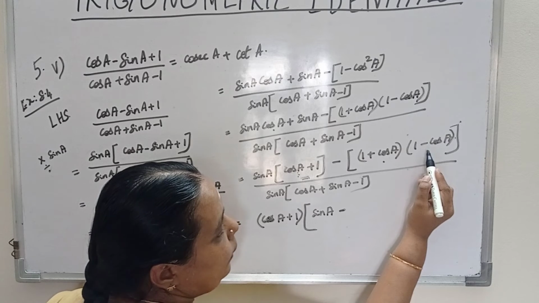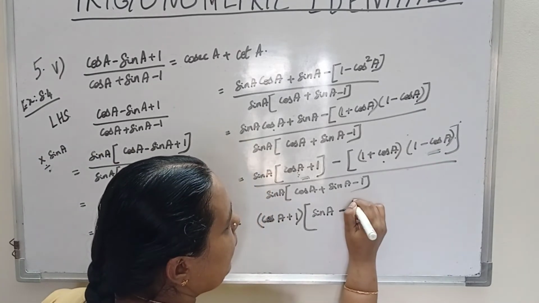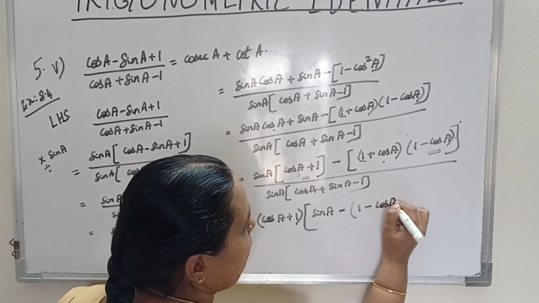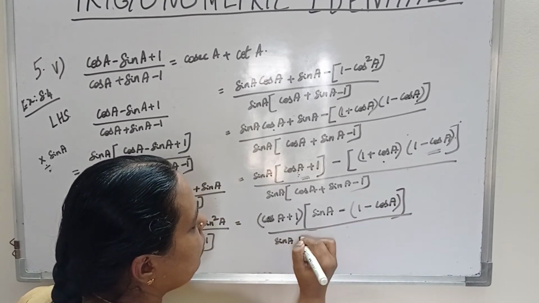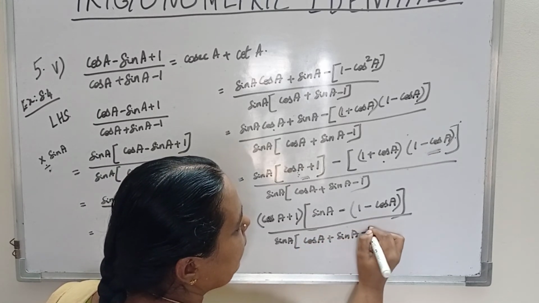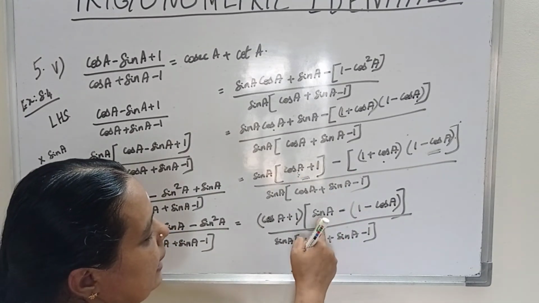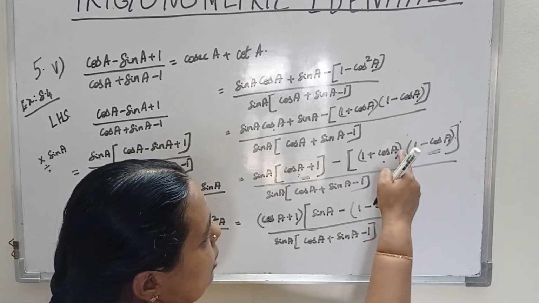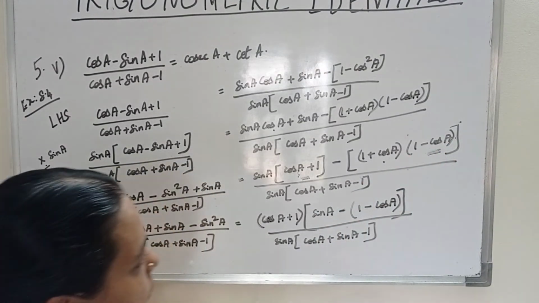So here we are left with 1 minus cos A. So minus of (1 minus cos A) by sin A into cos A plus sin A minus 1, because 1 plus cos A is taken outside. So here we have sin A and minus 1 instead of 1 plus cos A into 1 minus cos A; since it is taken outside, we have only 1 minus cos A here.